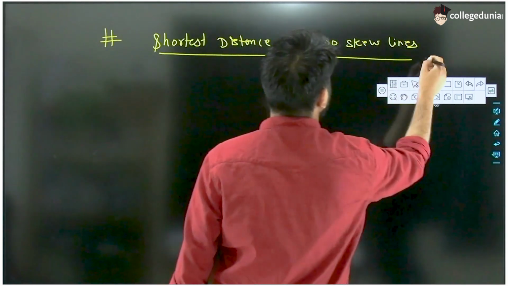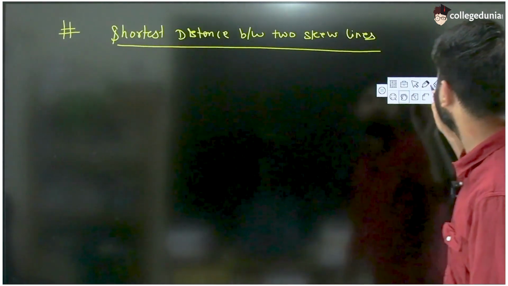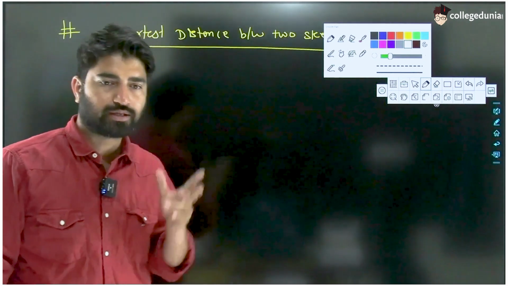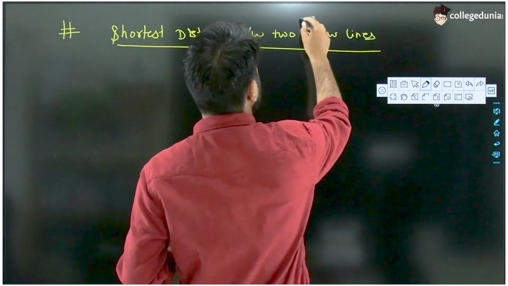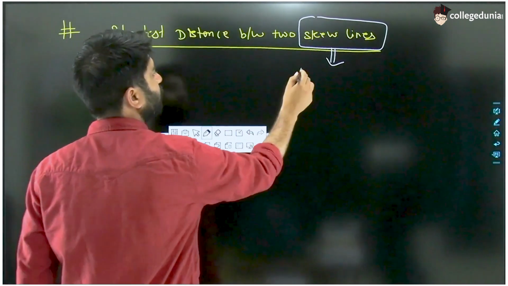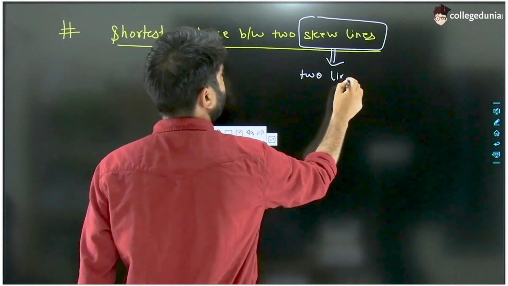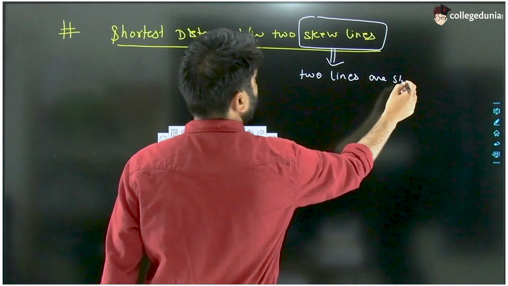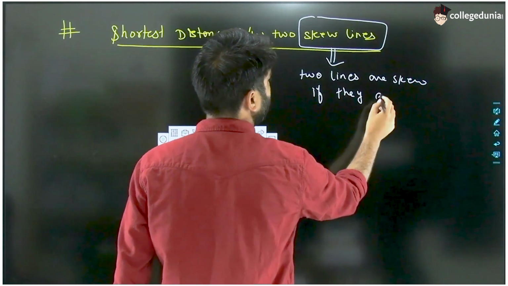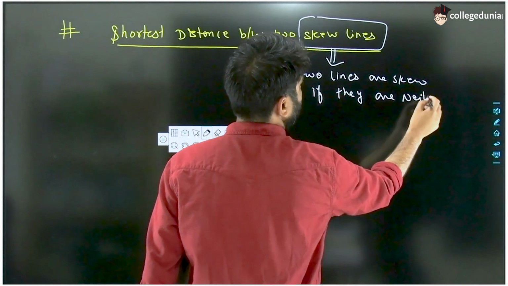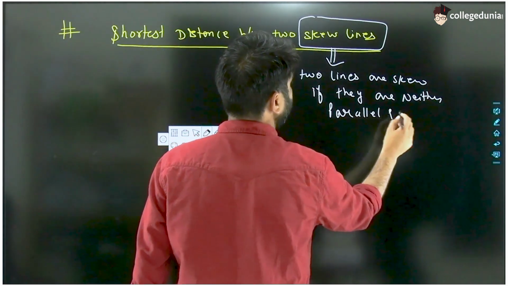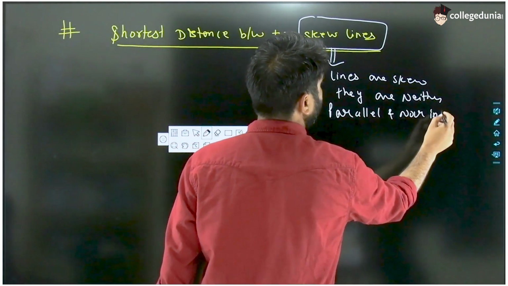Now what is the meaning of skew lines here? First of all, we should know what skew lines are, right? What is the meaning of skew lines? Two lines are skew if they are neither parallel nor intersecting.